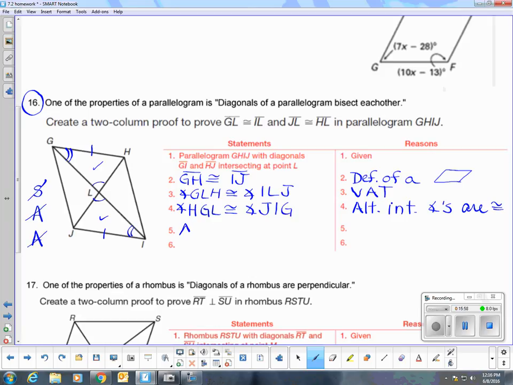So we can now say that the two triangles are congruent. Triangle GHL is congruent to triangle IJL. And that would be by angle, angle, side.